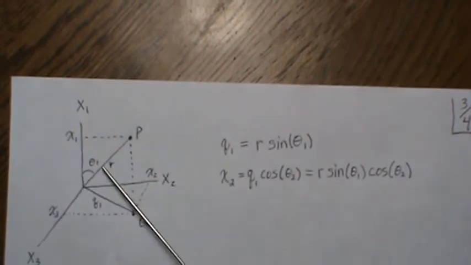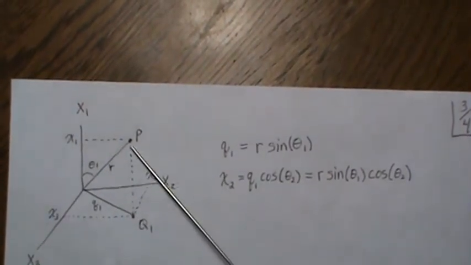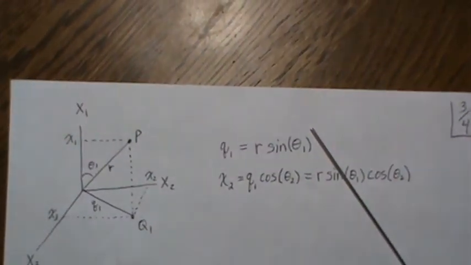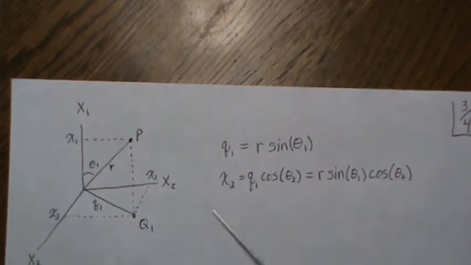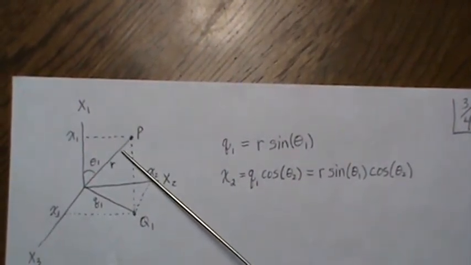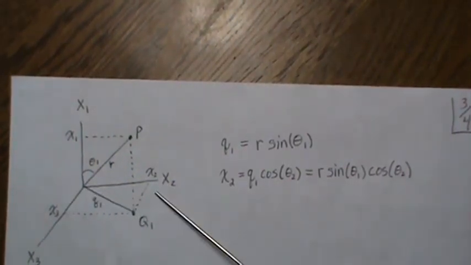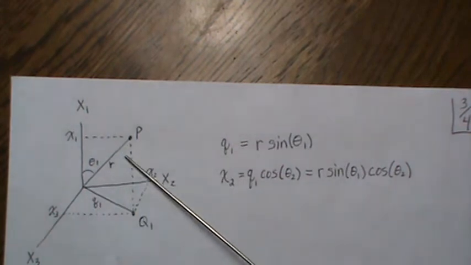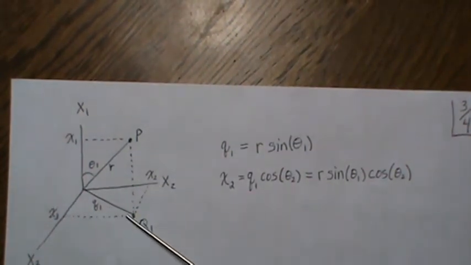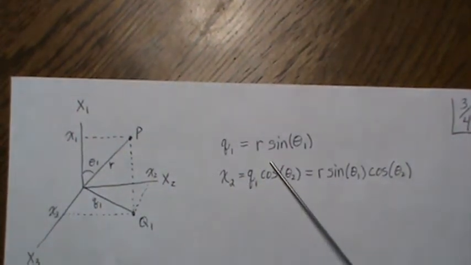So the same thing. This is axis 1, and this is parallel to axis 1. Wherever it is in space, it's parallel. And so this is an alternate interior angle. So this is theta 1, and this comes down and makes a right angle with this plane. So the sine of theta 1 is q1, this distance, over r, and you back solve for q1, and you get this.